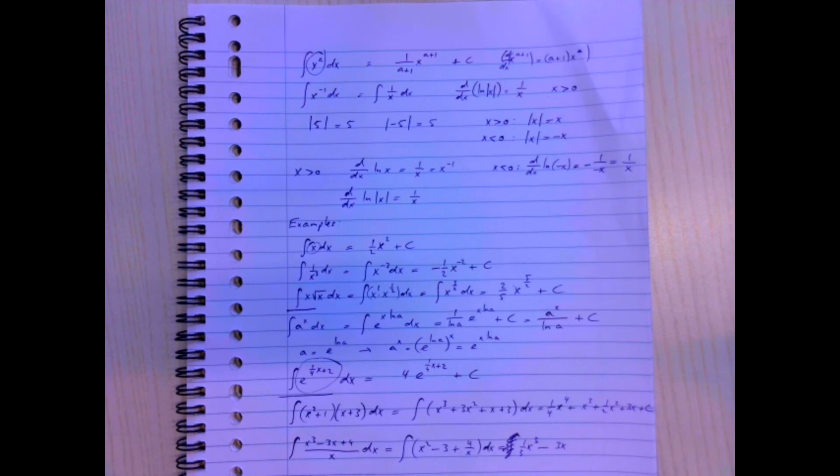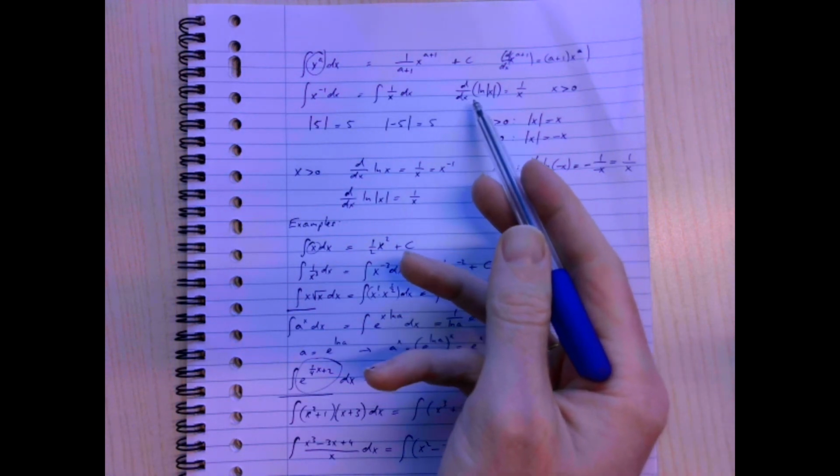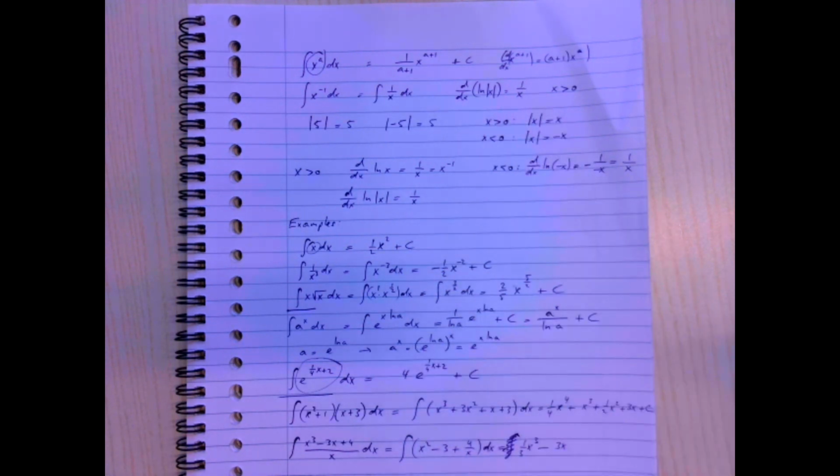Finally, 4 divided by x, and here we encounter our logarithm, right? This was the example that we had above. d/dx of the log of x is 1 divided by x. We're going to use that. Do not forget that we need to include these absolute value lines: 4 times the log of the absolute value of x. And you have to add any constant c to this. So this bit here is the integral of what we started out with.